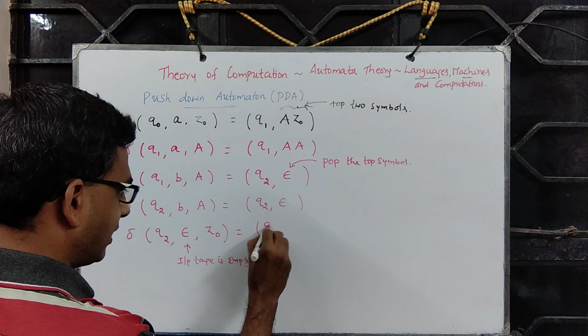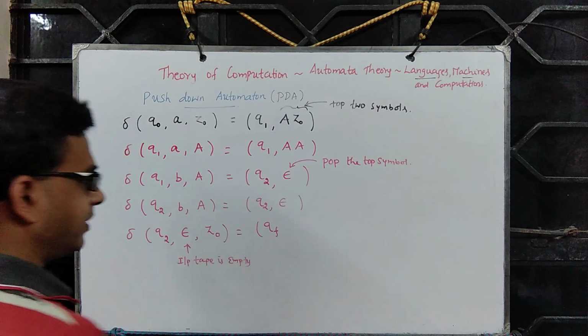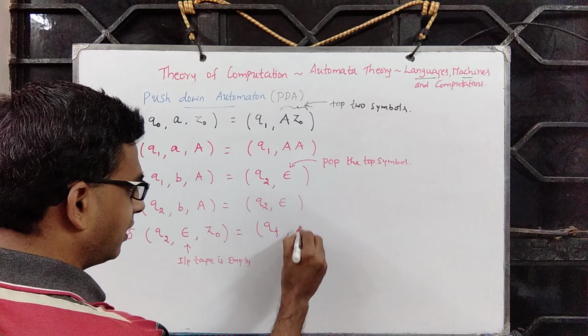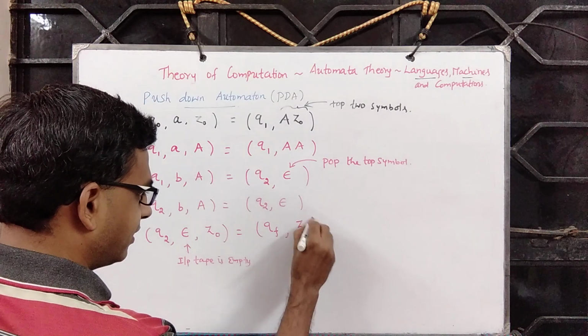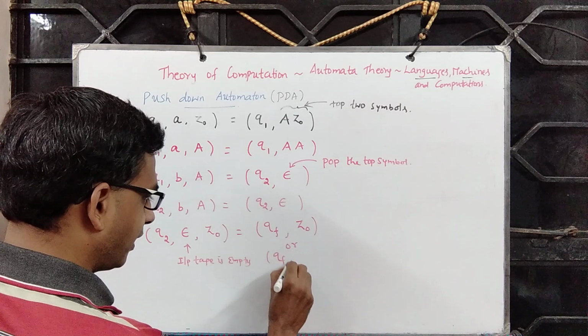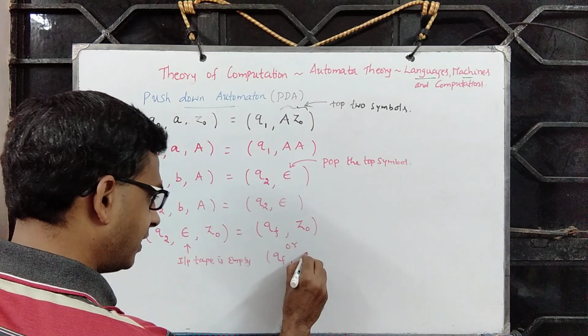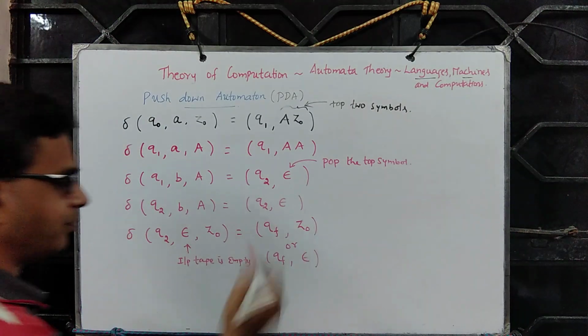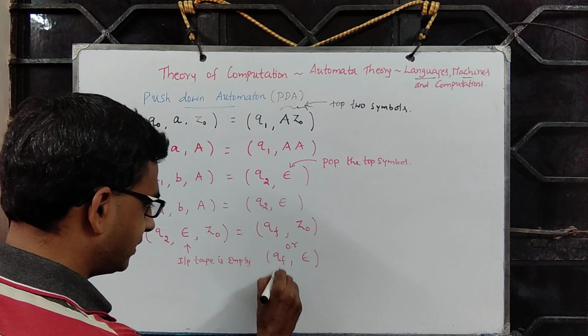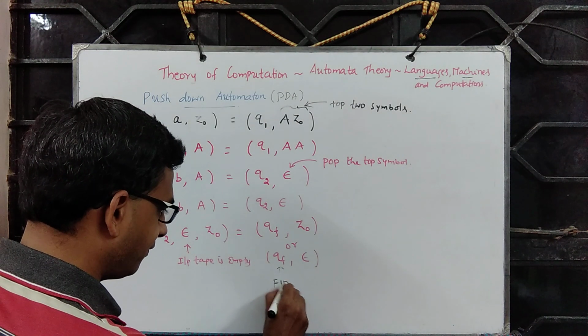We say that we accept, which means go to something called a final state. You can either say this, or we can say QF comma, even this Z0 can be popped out. Both are fine. So QF is our final state.